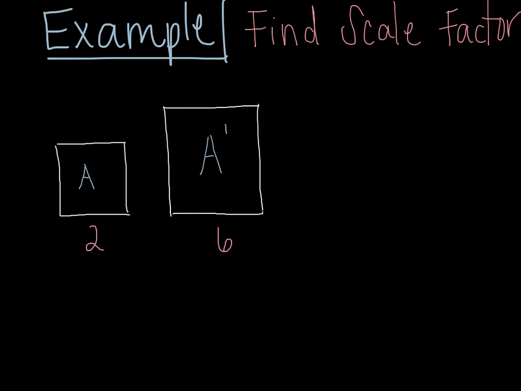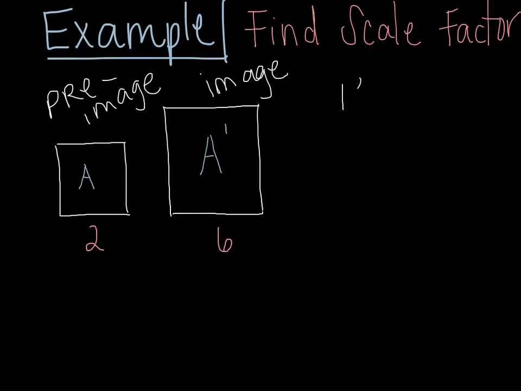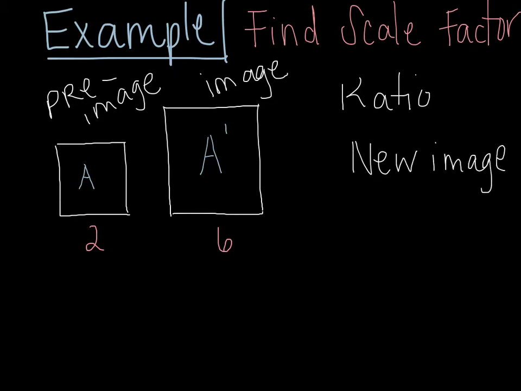So our first example, we're going to find the scale factor of the two squares. As you see here, A is the pre-image, and A prime is the image. We could also say the pre-image is the original image. So our ratio is the new image, which is the prime, over the original image.